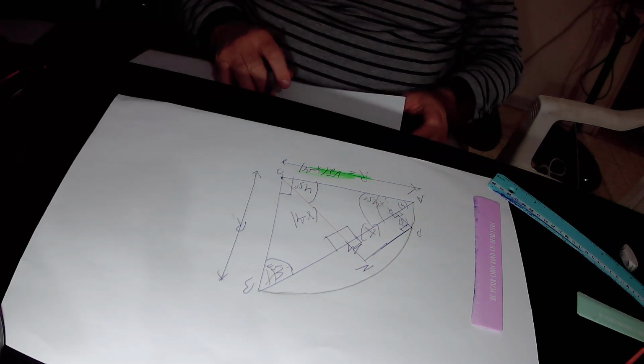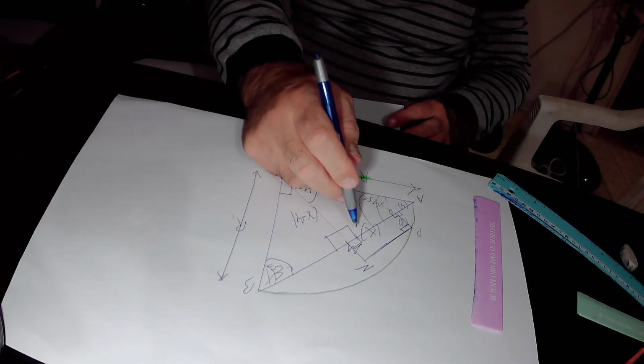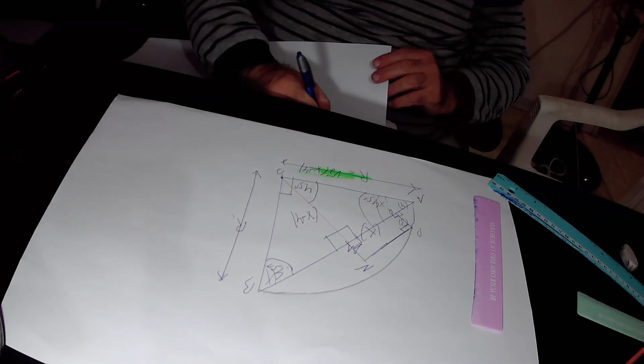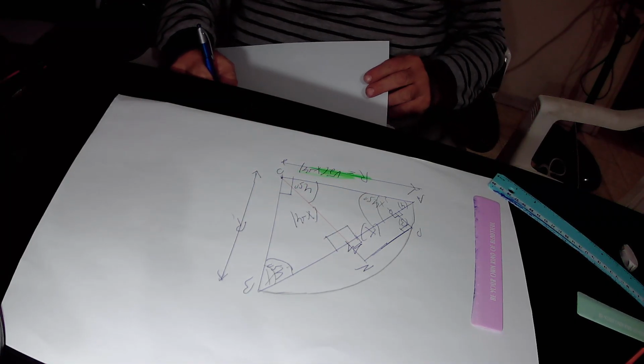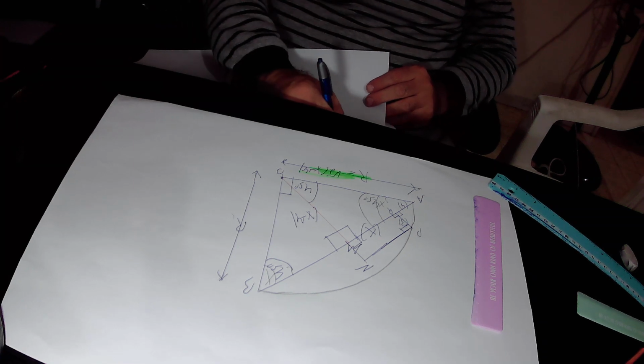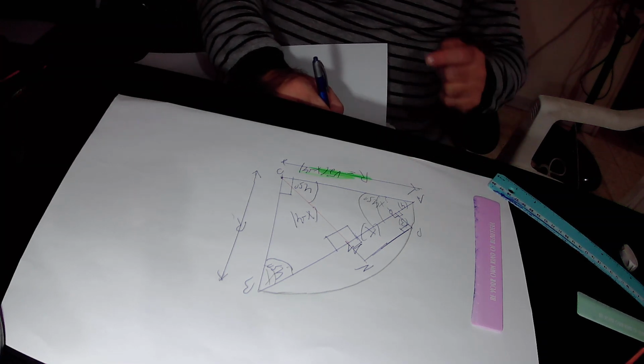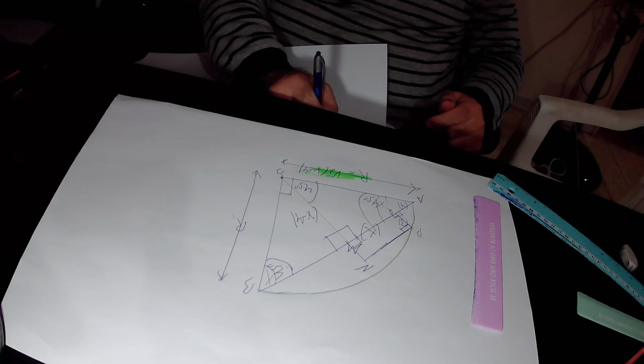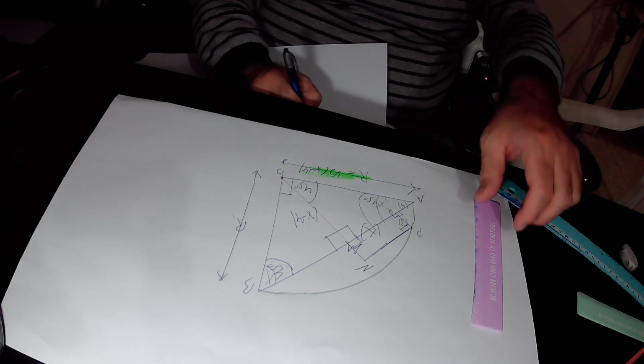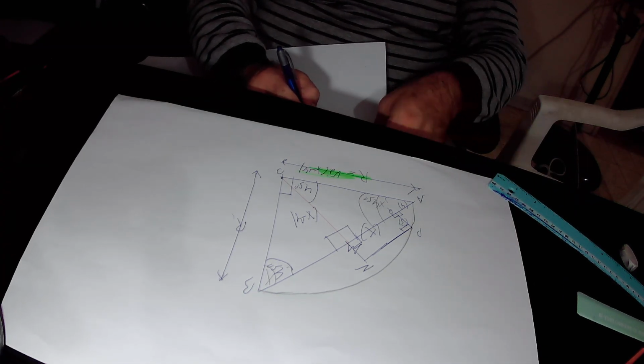So I write it down. This is quadrilateral NMPQ. In quadrilateral NMPQ, the sum of the angles must be equal to 360 degrees.